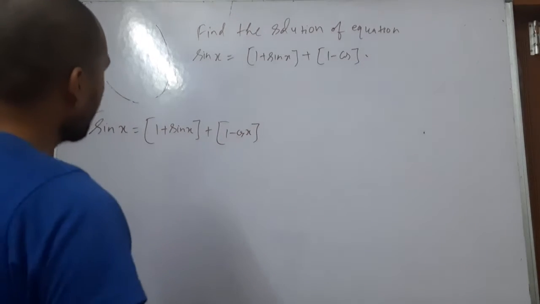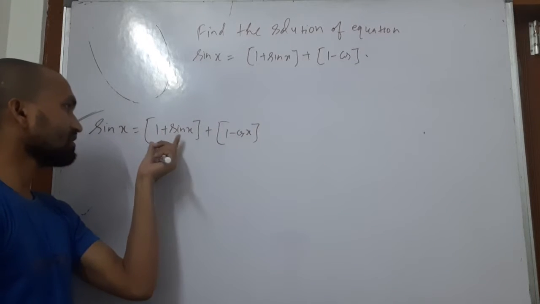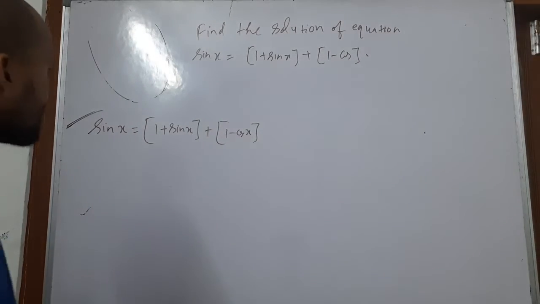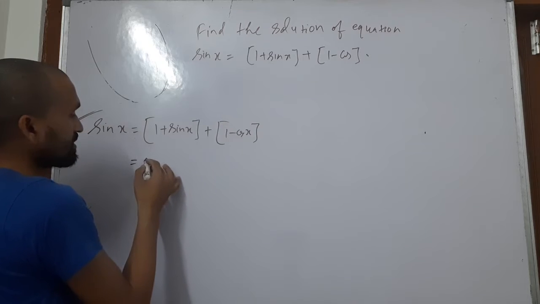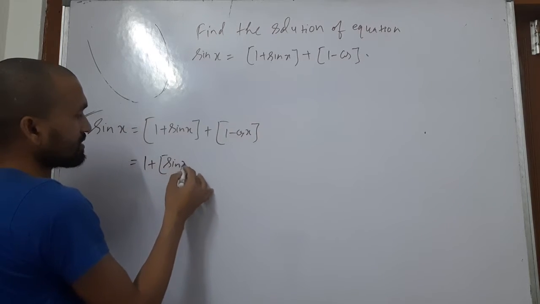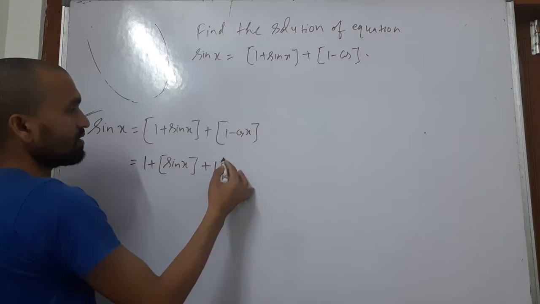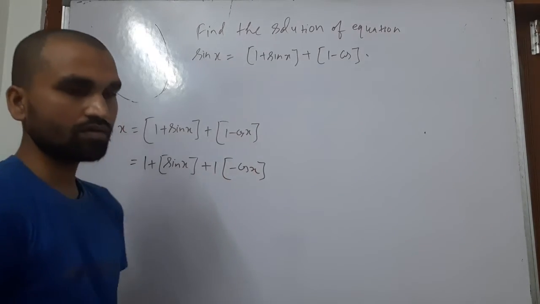As we know that there is an integer 1 in both greatest integer symbols, so we can take 1 out before the greatest integer sign. So it will be 1 plus greatest integer of sin x, and this will be 1, and in the bracket it is minus cos x greatest integer.